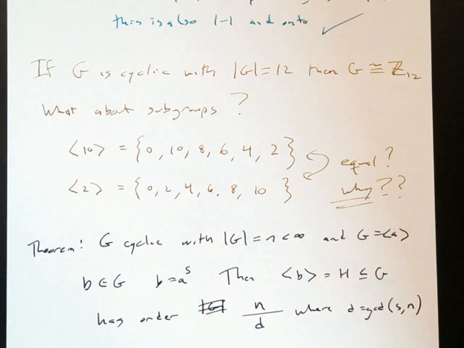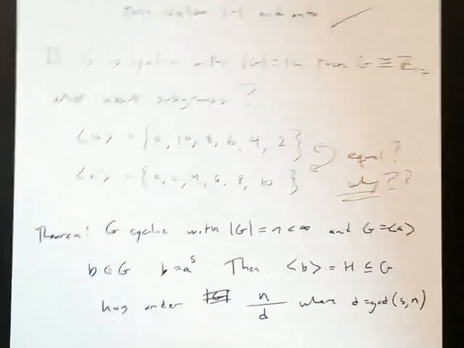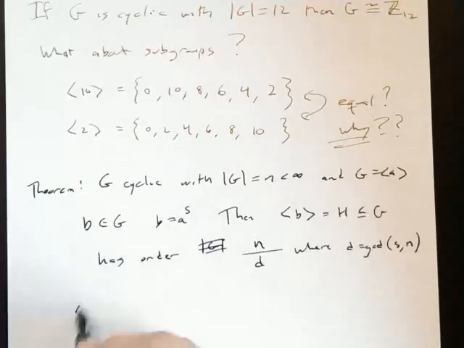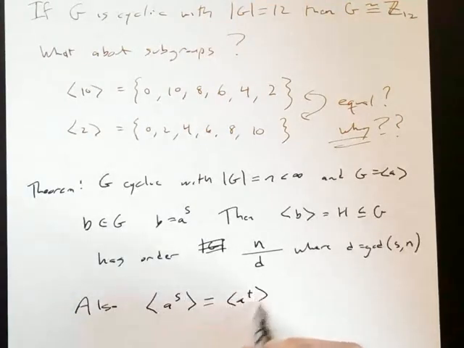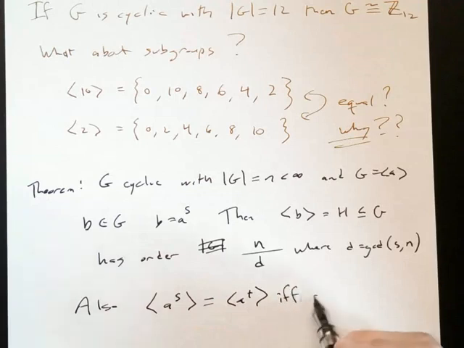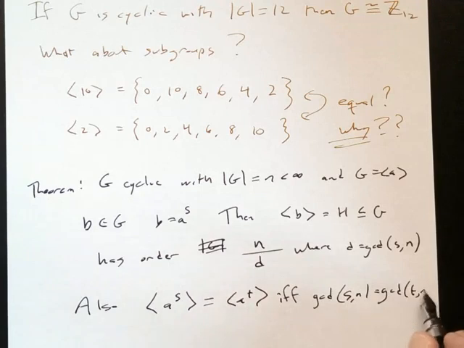What's the greatest common divisor of 10 and 12? 2. 12 divided by 2 is 6. There were 6 things in that subgroup. And there were also 6 things here, because they had the same greatest common divisor.